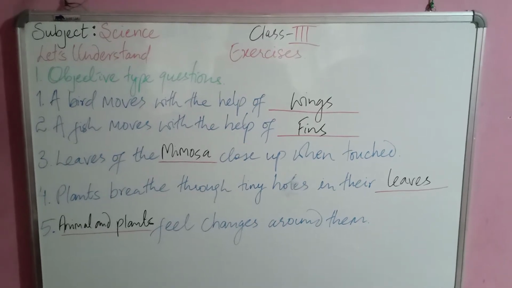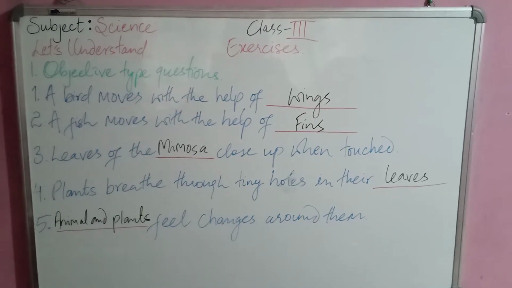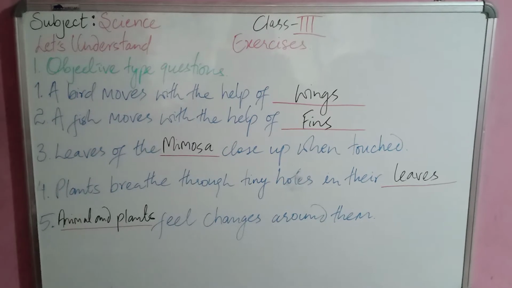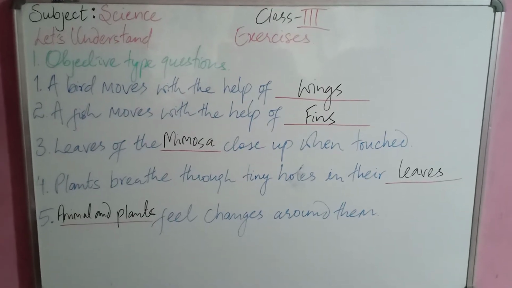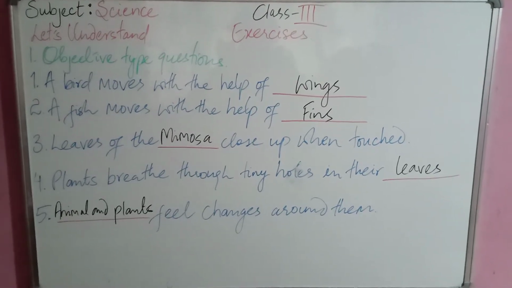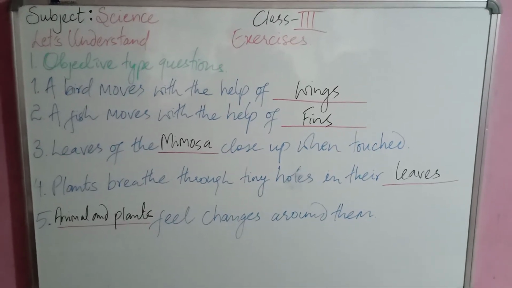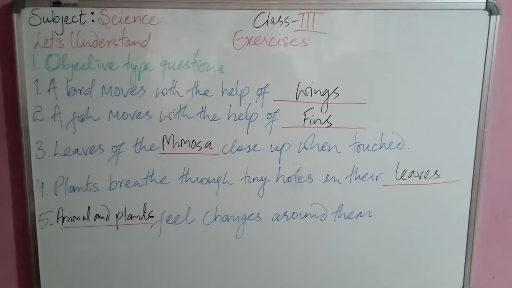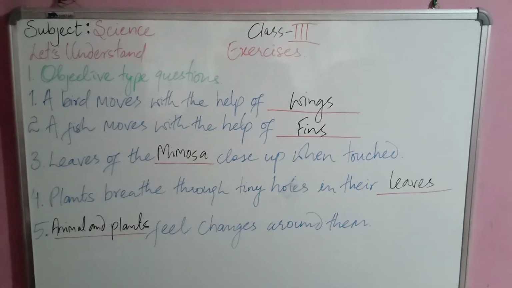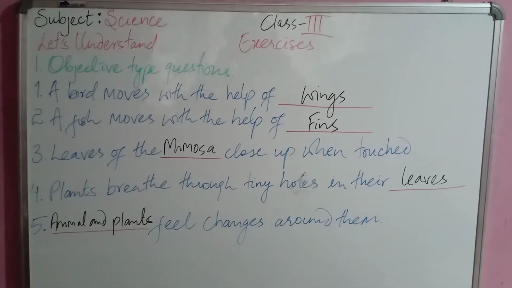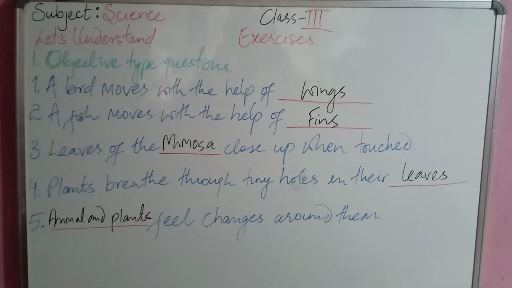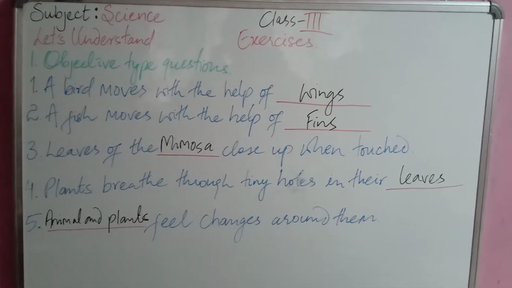So the first question we have is: a bird moves with the help of its wings. Question 2: a fish moves with the help of fins. Then we have question number 3: leaves of the mimosa close up when touched.